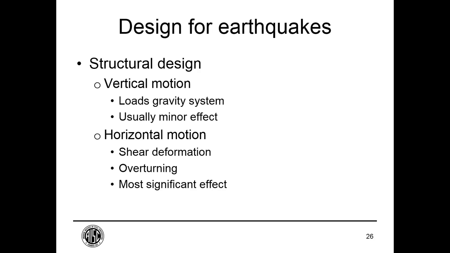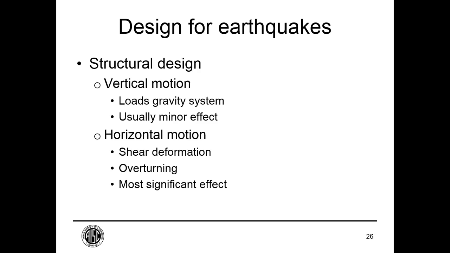The horizontal motion can cause a lot of damage. Often, if we aren't aware of a large seismic load, our lateral systems can be fairly modest. So in a lot of construction that was done in San Francisco prior to the Great Earthquake, there was not a robust lateral system.